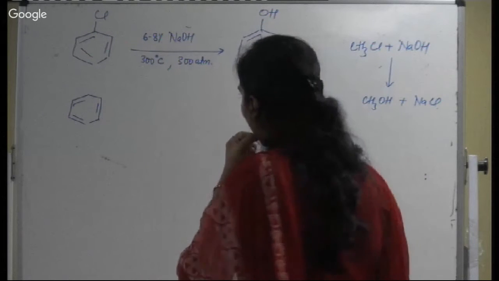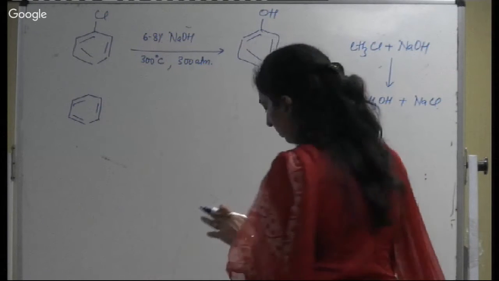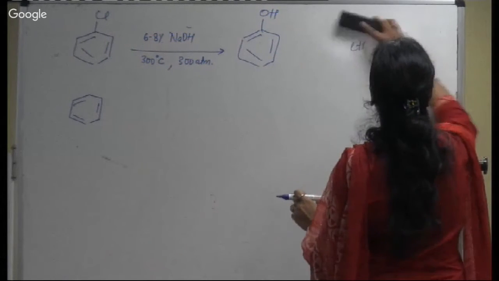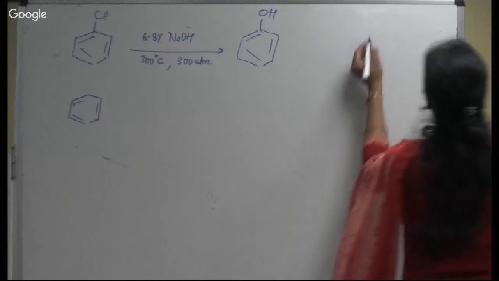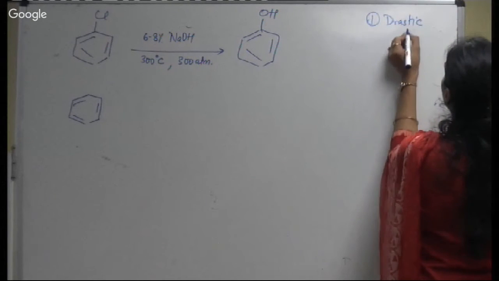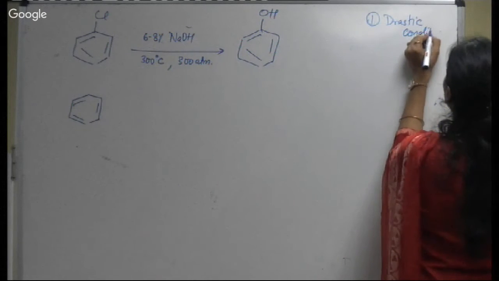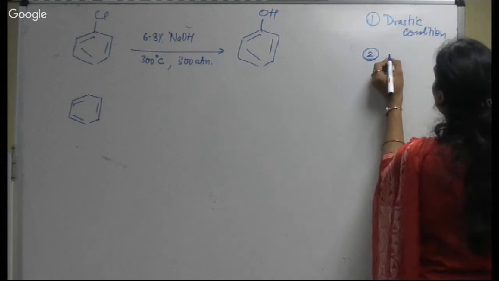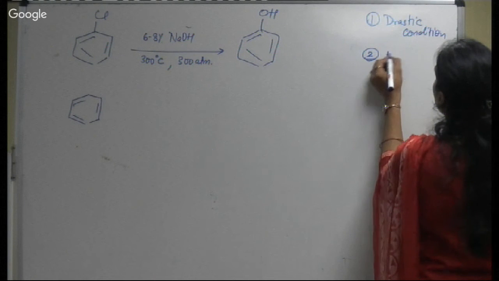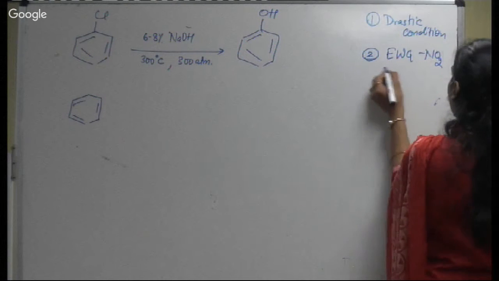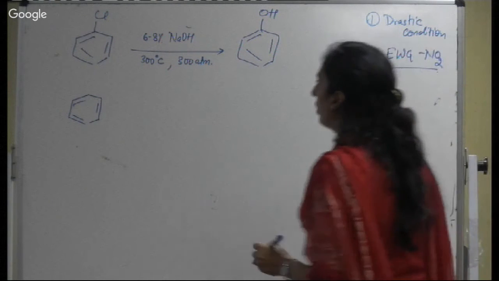So by putting drastic conditions we are providing, the reaction happens. Put some electron withdrawing groups like nitro, and even then you can carry out the reaction.